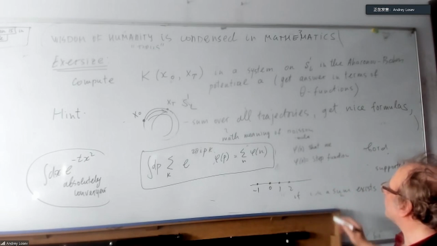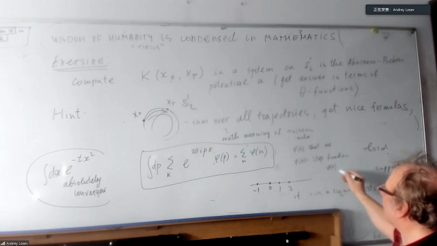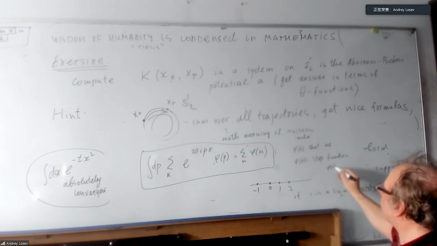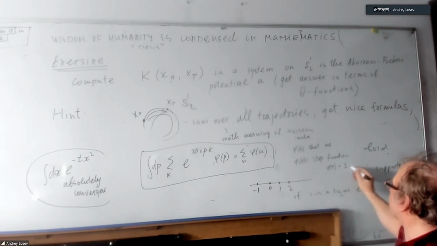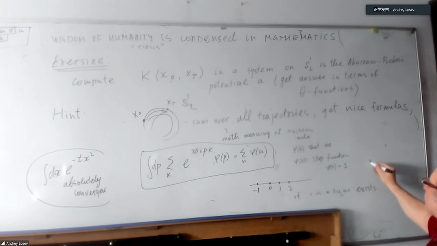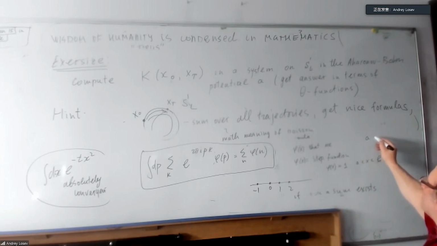So what is a step function? Consider phi of x that equals 1 for x between minus 1/2 and 1/2. Okay, maybe it's better to call it a and b. A is bigger than minus 1.